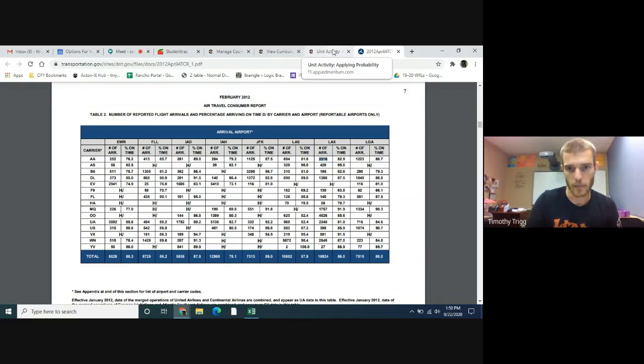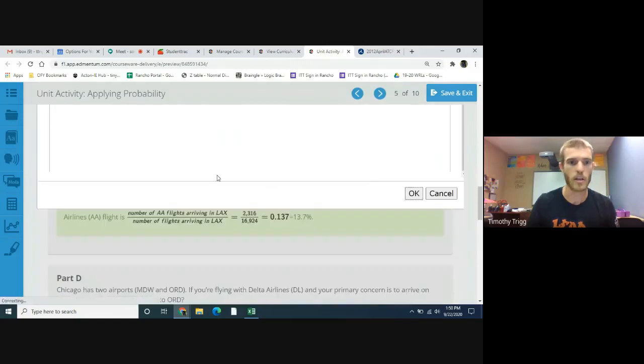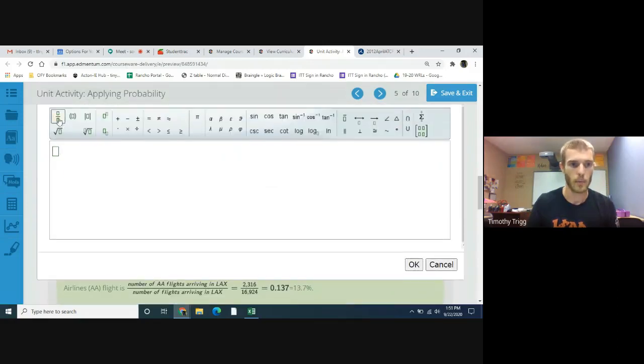I'm going to write that down. It helps to have a piece of paper that we could write these numbers down, and then you don't have to click back and forth. So you can go to the equation editor, and we want a fraction. That's 2,316 in the numerator. That's the number of flights from American Airlines arriving in LAX. And then the total number of flights arriving in LAX.